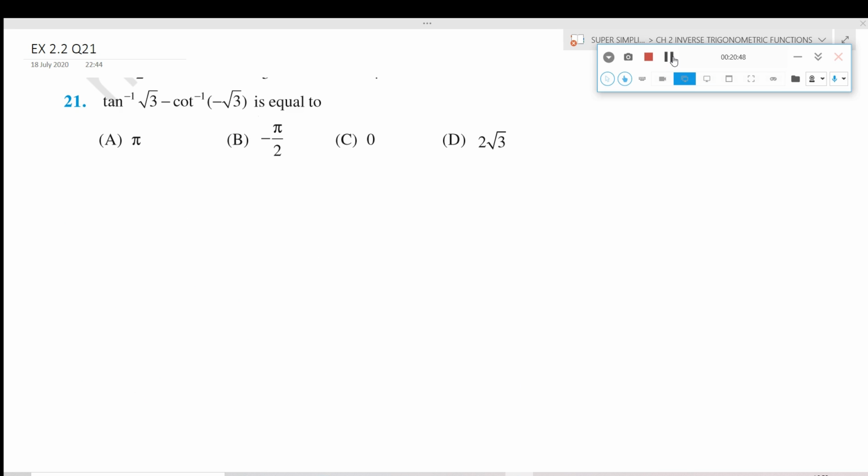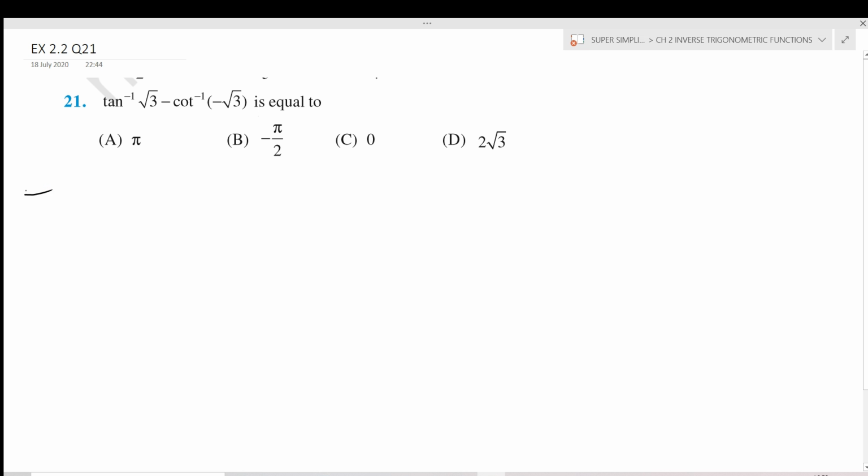And now we have the last question of exercise 2.2, and the question is, you have to find again the value of the given expression. The expression is tan inverse root 3 minus cot inverse of minus root 3. Now we know tan theta becomes root 3 at 60 degree.